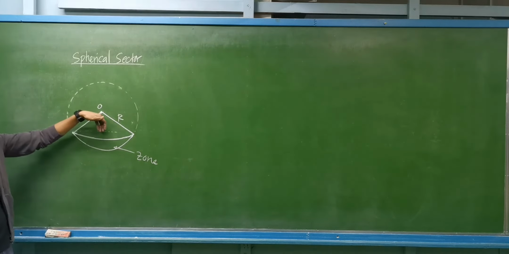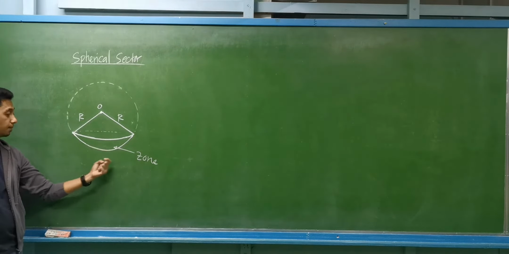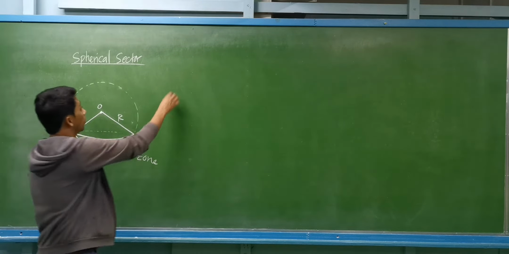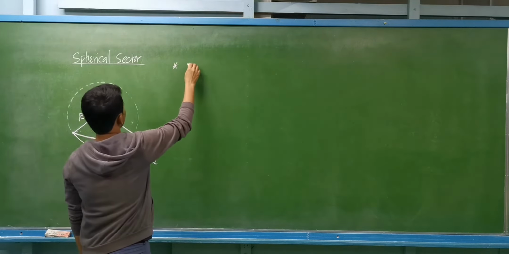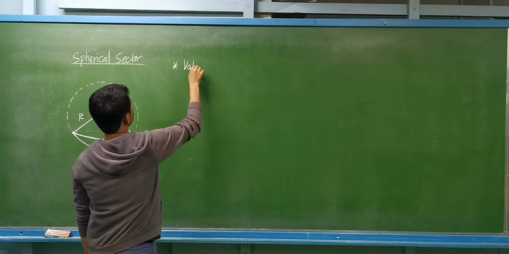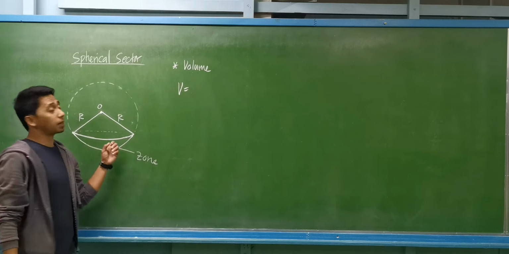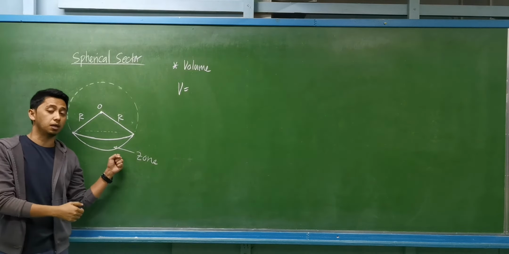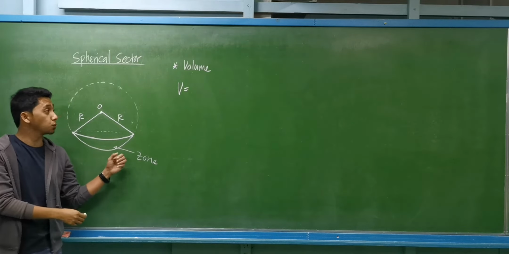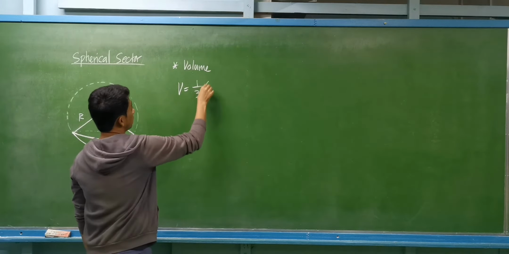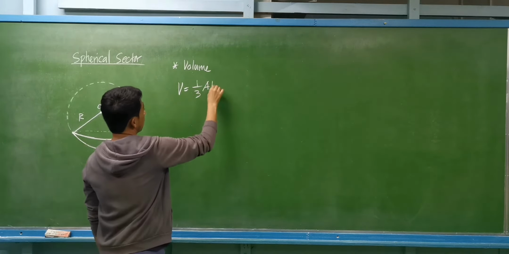So we have a cone, then a spherical segment, but the surface is called the zone. So how do we compute for the volume of a spherical sector? Take note, a spherical sector or a spherical cone is a pointed solid.